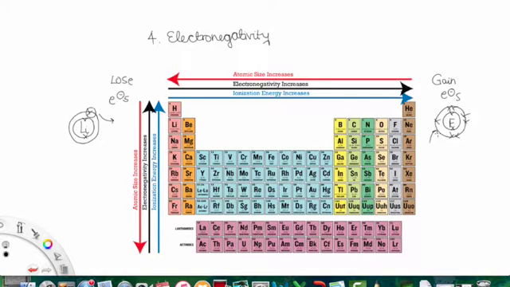So the nature of electronegativity can be described as the inclination an atom has to gain electrons, and the more likely that atom will pull electrons towards itself. As you can see from these arrows, electronegativity increases up a group, and it also increases across the period.